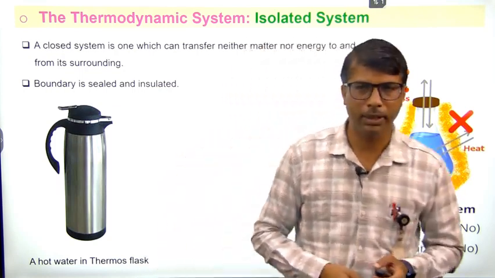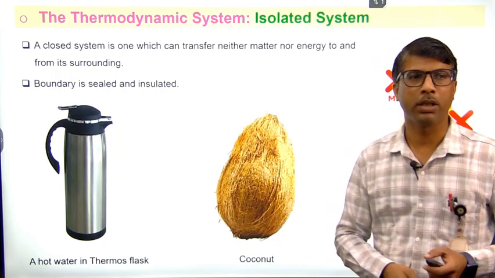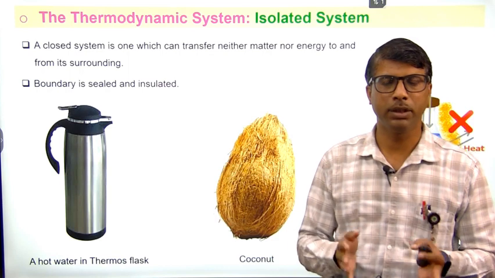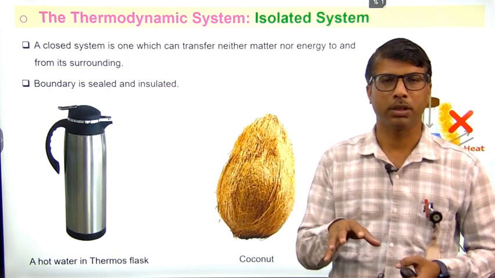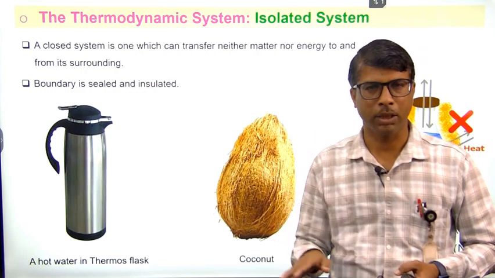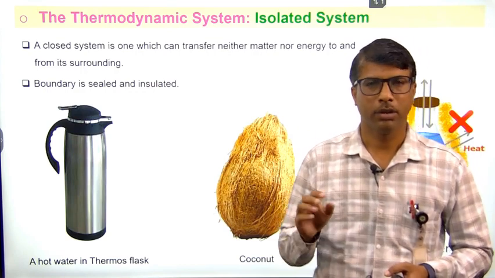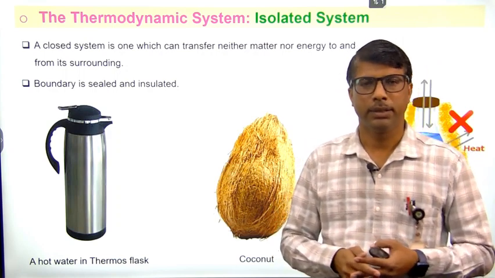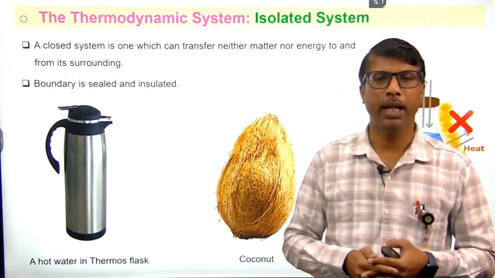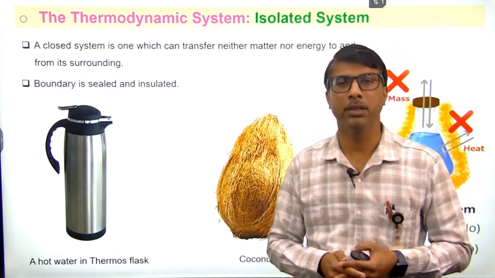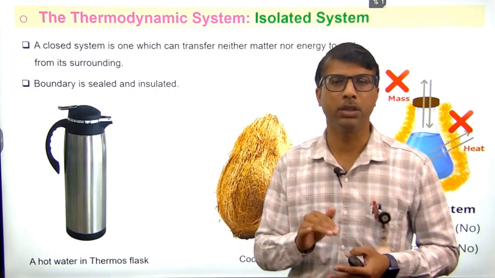We also have another example: the coconut. This is a naturally occurring isolated system. The coconut water is the system, and the surrounding part is the surrounding, and this is an isolated system as there is no possibility of leaking the coconut water from the coconut.